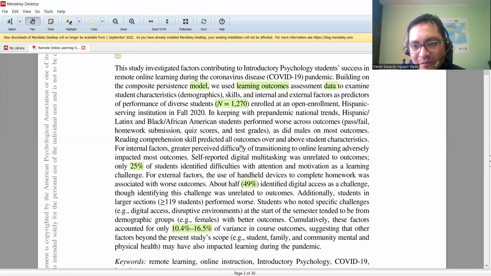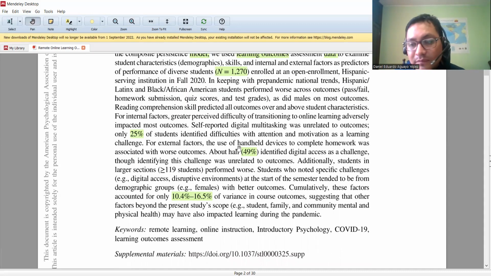So here we have a very long abstract, I would say, because you know the APA format says like 250 words, but in this case, it seems to be more than 250 words. In the keywords, well, as you may know, keywords are very important. Why are they important? Because they allow you to be read by other people. What does it mean?